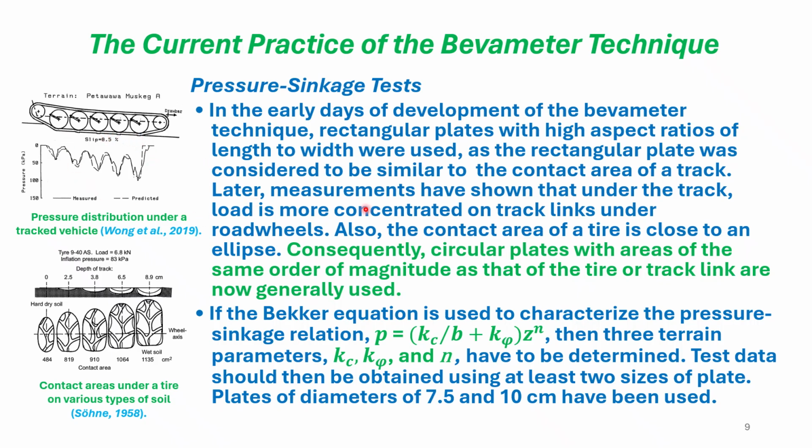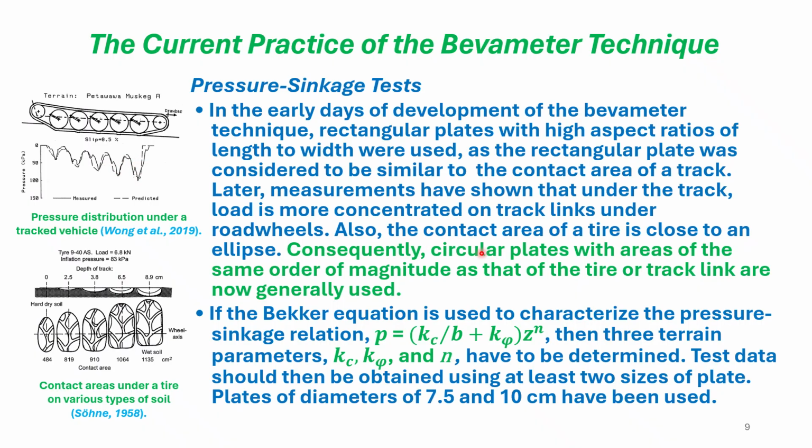Later measurements have shown that under the track, load is more concentrated on track lengths under road wheels, as shown in this diagram.